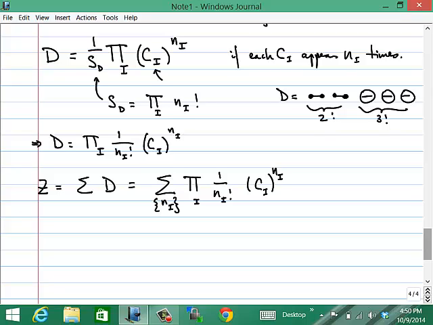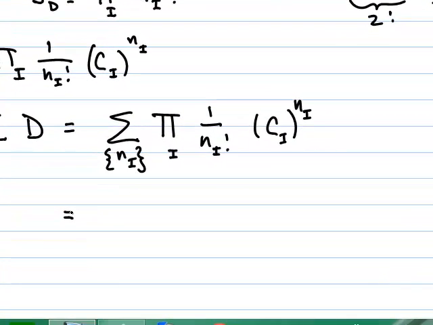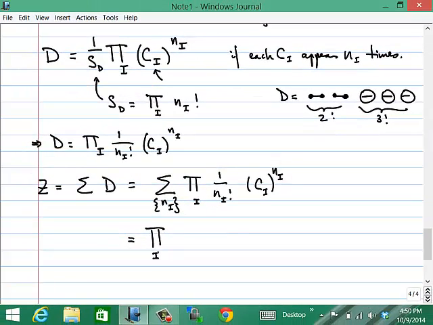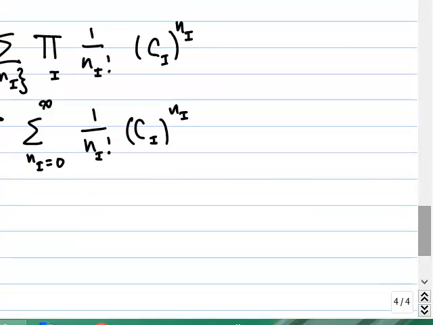Now, there's nothing up my sleeve. I just want you to notice that when you have a sum of a bunch of terms times a product, you can rewrite that as the product of the sum. So it's the product over all I of the sum over n sub I from 0 to infinity of 1 over n sub I factorial times C sub I to the n sub I. All we've done is interchange the sum and the product here.